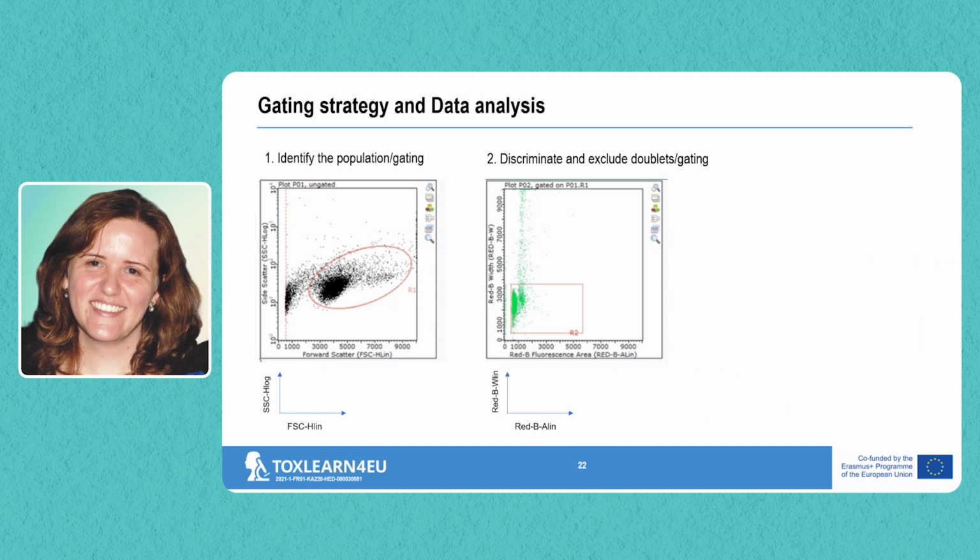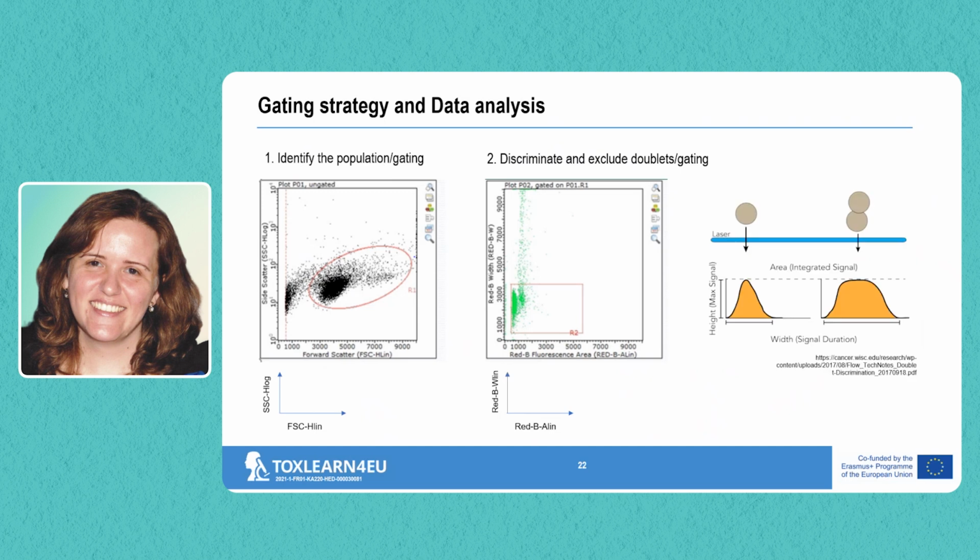Okay, so remember that I was telling you that we want to make sure that we have single cells passing through the interrogation point one at a time. So there are different strategies to exclude these doublets, and these doublets are cells that are together. So something like this. This will be a single cell, this will be a doublet.